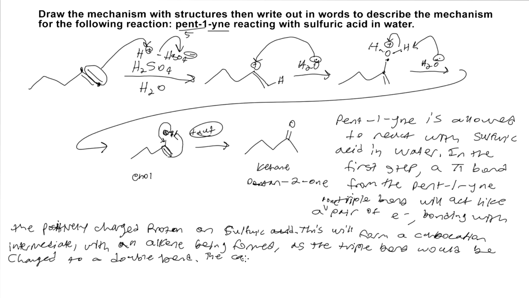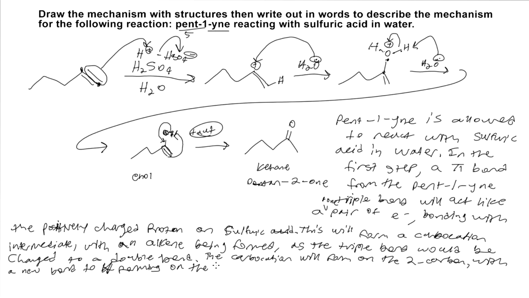The carbocation will form on the 2 carbon with a new bond to hydrogen, forming on the less substituted side of the double bond.